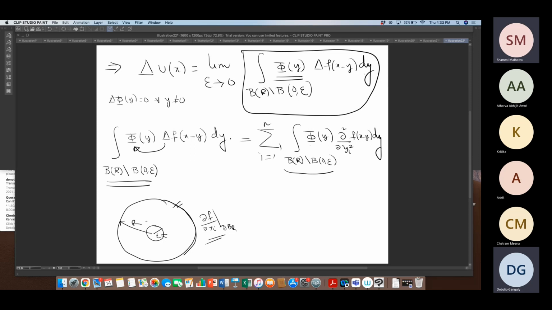What will it be? It's 0. Very good, because the compact support of f is inside. But at this boundary, something will be there.